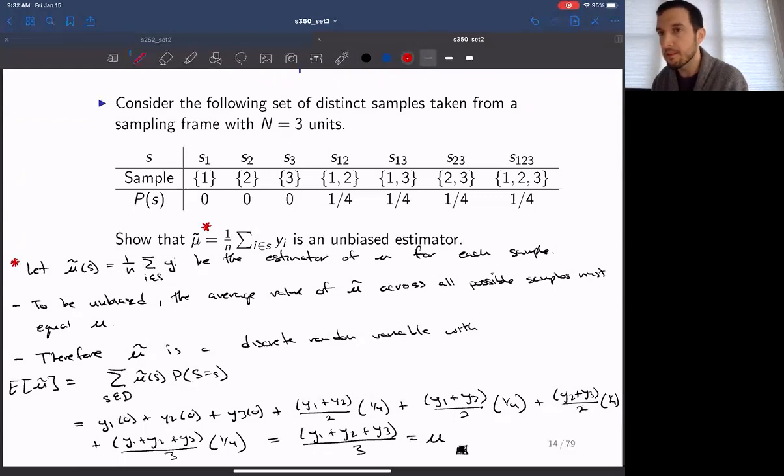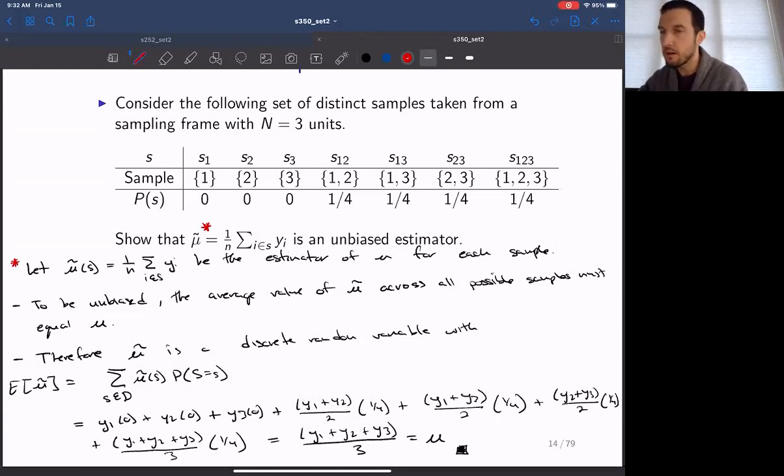And that is essentially every unit in the frame divided by the sample frame size, which is the definition of the population mean. So therefore, y1 plus y2 plus y3 over 3 is equal to mu, because that is the definition of the average across all possible values.